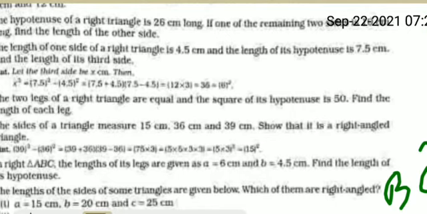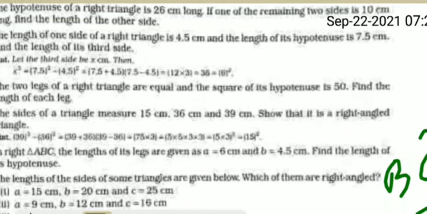So very simple. By the condition, the square of its hypotenuse is 50.